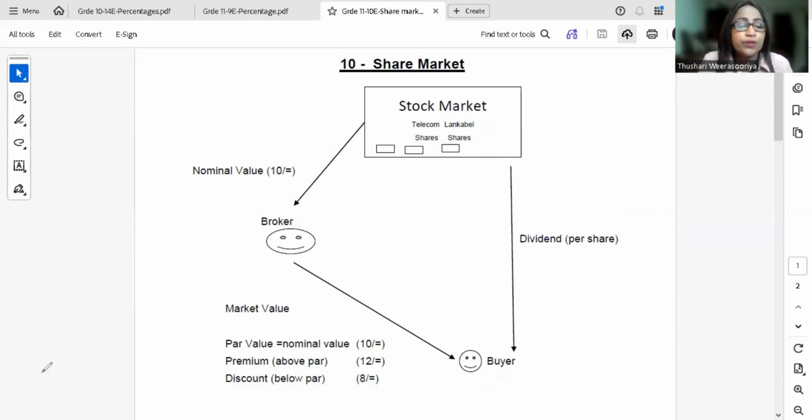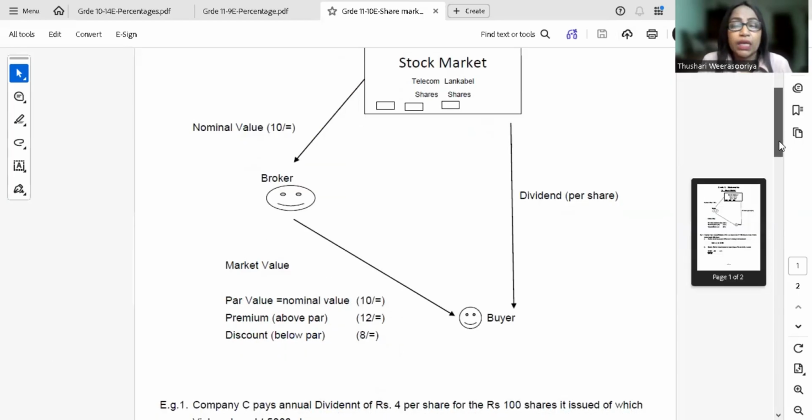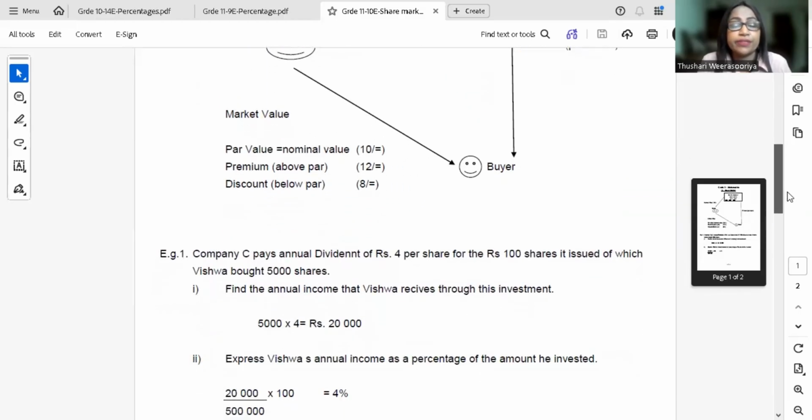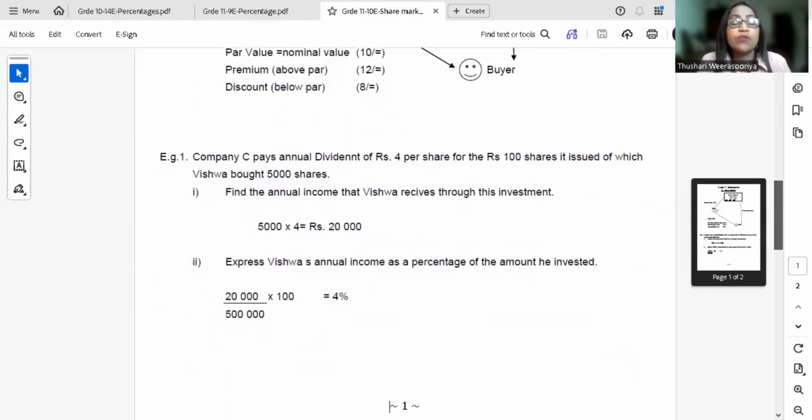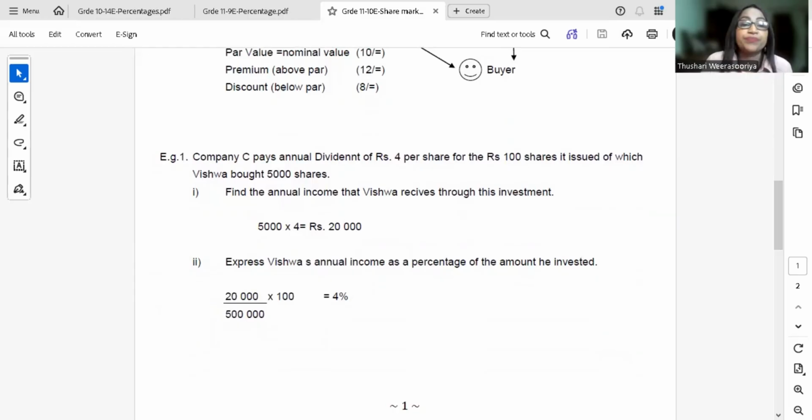We'll do some examples for this. Look at the first example. When you have a share market question in the exam, you read the question, this is share market, per share, and so on.